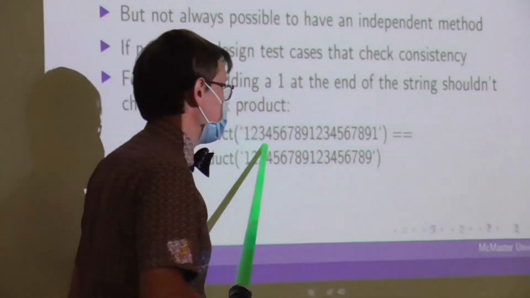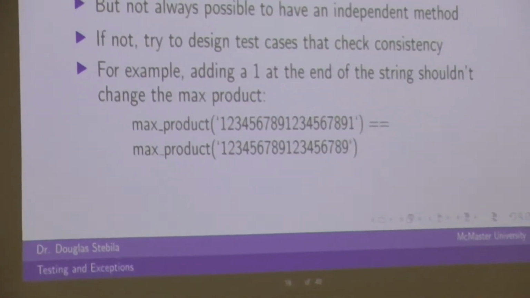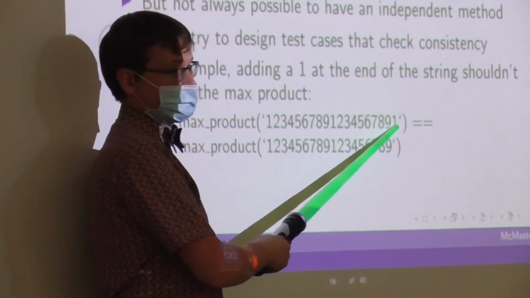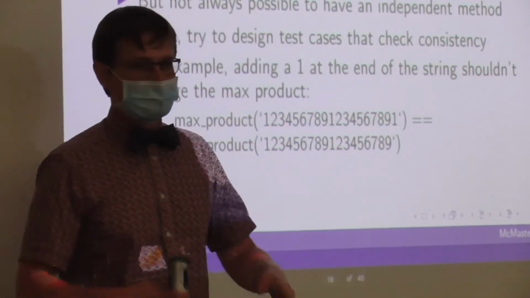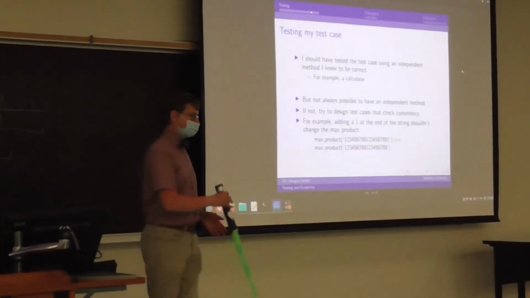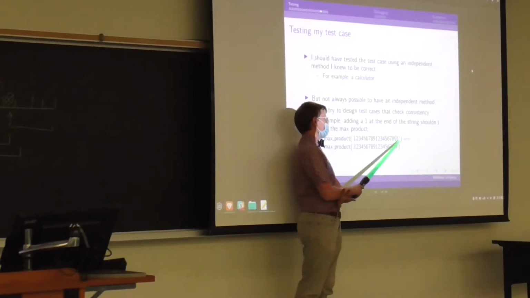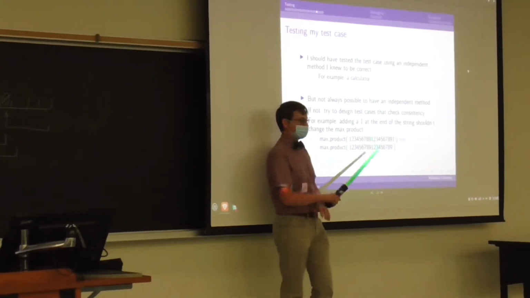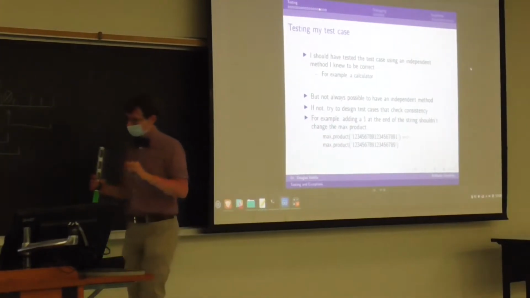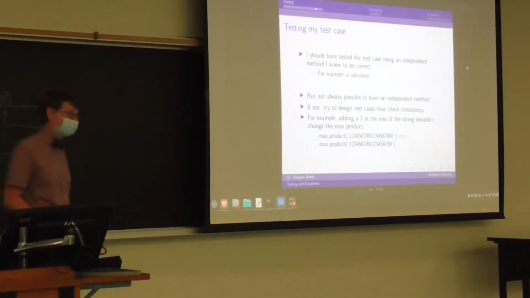Because if you take a subsequence and you add 1 to the end of it, that 1 should never be included in the max product, right? Because, you know, it's 1. Anything would be more useful. It also doesn't modify where the correct bracket should be, right? Except to make it not at the end of the string anymore.